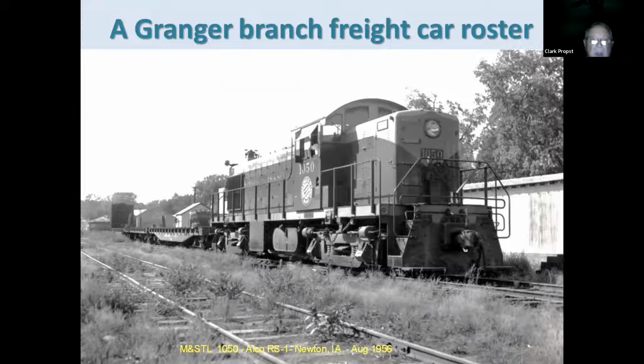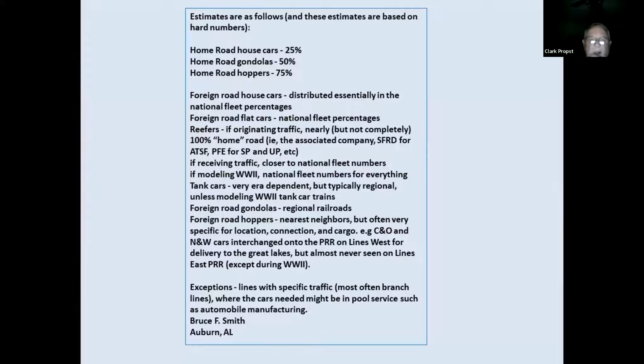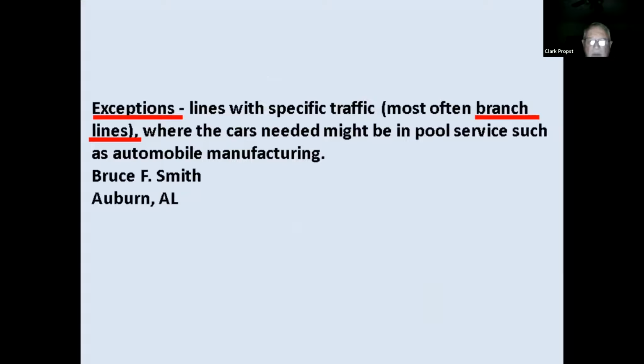Okay, this is from an email on one of the IO groups. This is being recorded, so you can read this at your leisure later on. But it talks about traffic in the 40s and 50s era. The best part of it was the acceptance of what was going on, mainly on branch lines.